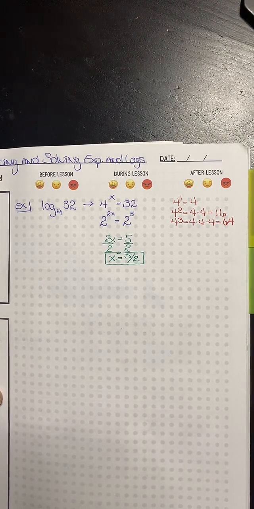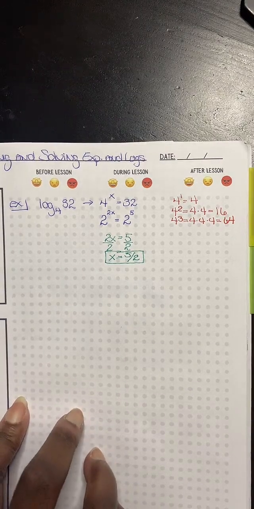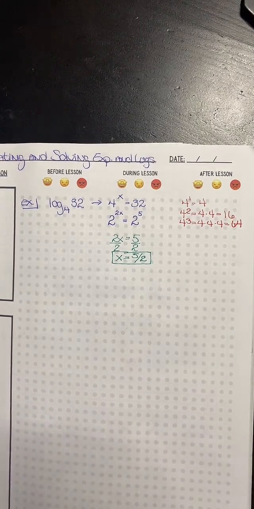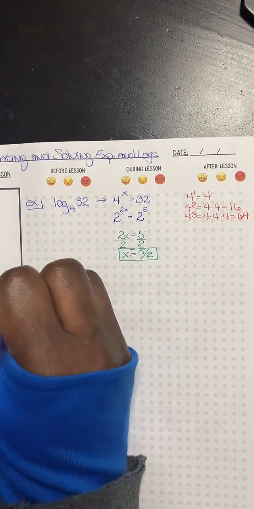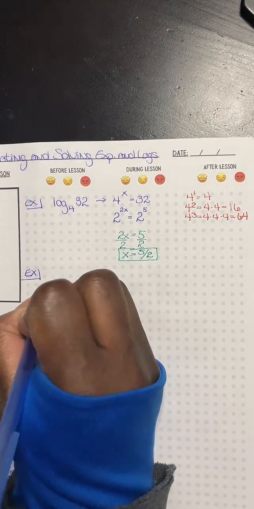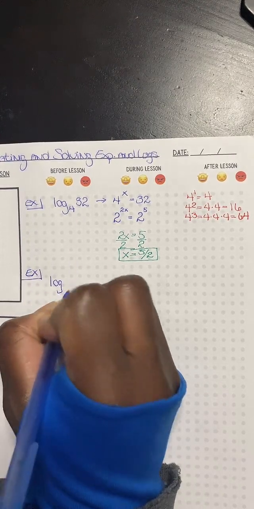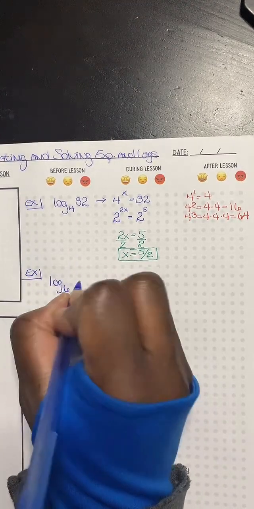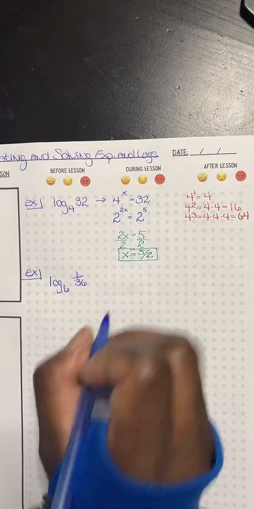Okay. All right. So let's try another one. We have log base 6 of 1 over 36.